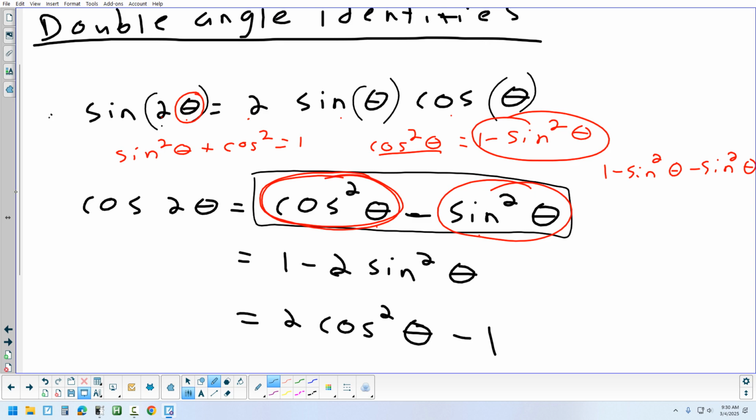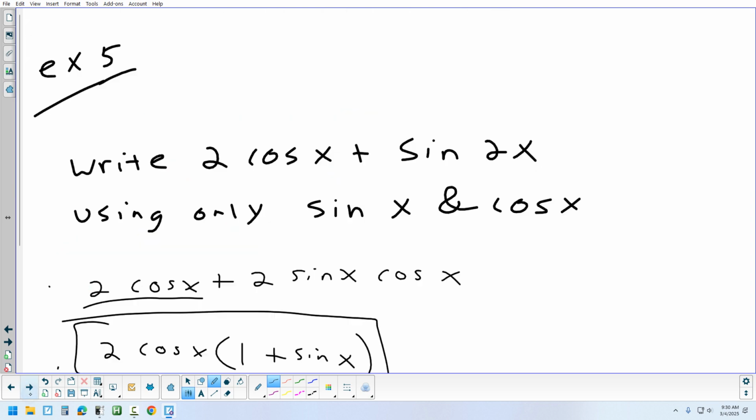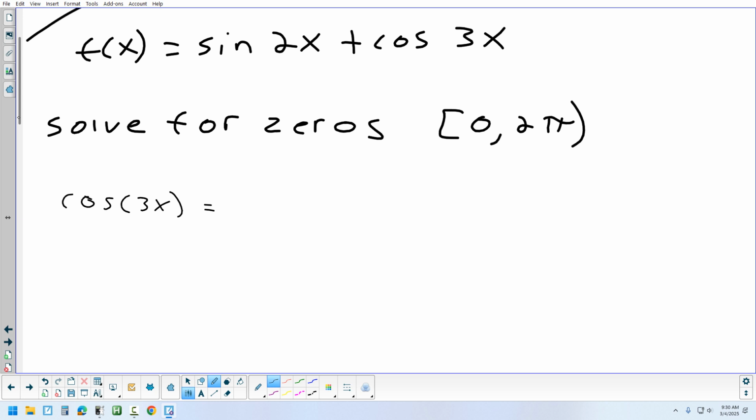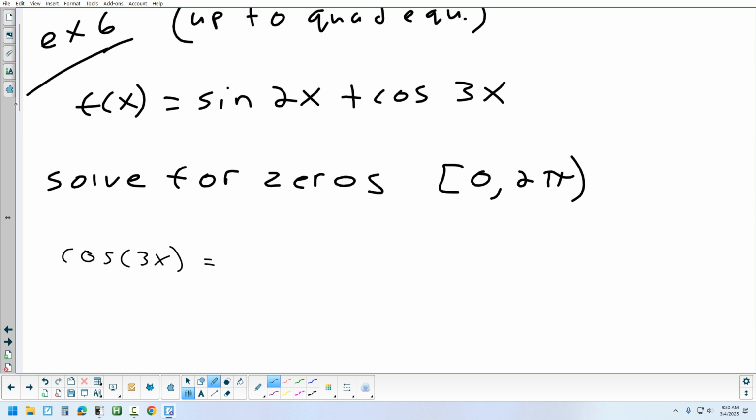Then we need to break down 3x somehow so we can use the formulas we do have. I'm not really as worried about the 2x. I know we could do that. We already did that. But how can I break down 3x so that it would work with the formulas from the other page? Yeah. Could you do cosine 2x and cosine x?